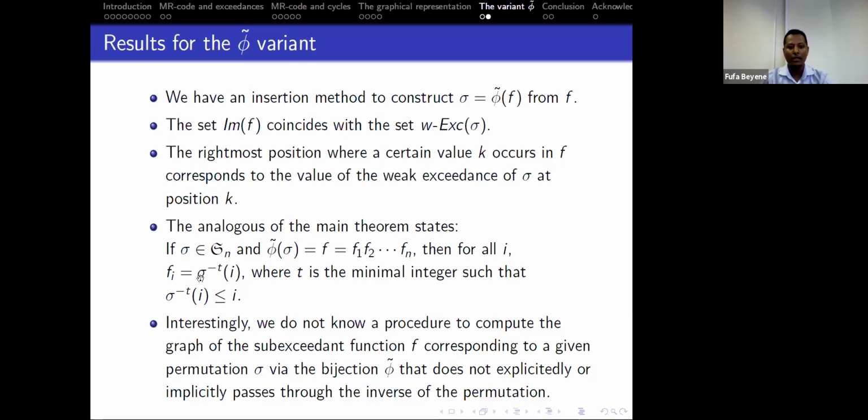Now you look at sigma minus t of i, where t is the smallest positive integer such that this condition holds. Regarding the graphical construction for Phi Tilde, interestingly, we do not have a procedure to compute the graph of the subexceedant function f corresponding to the given sigma via Phi Tilde that does not explicitly or implicitly pass through the inverse of the permutation.